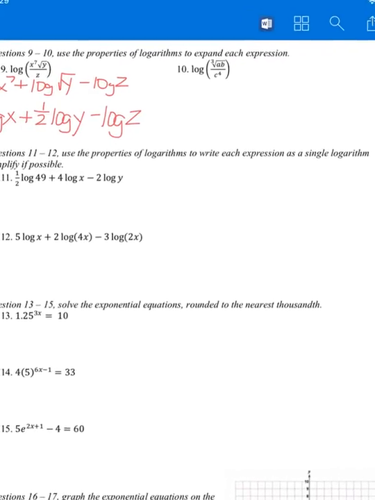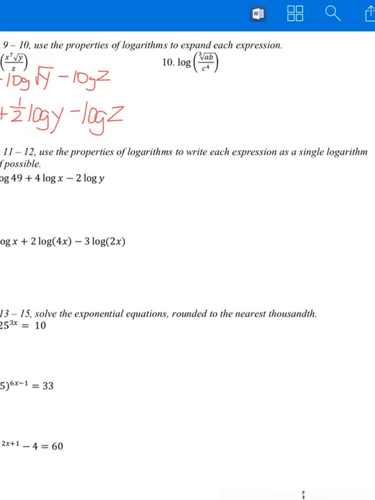For number 10, same idea. So this is log cube root of a plus log cube root of b. Both a and b are being multiplied inside of a cube root, so they're both in a cube root when you separate. And then minus log of c to the 4th.